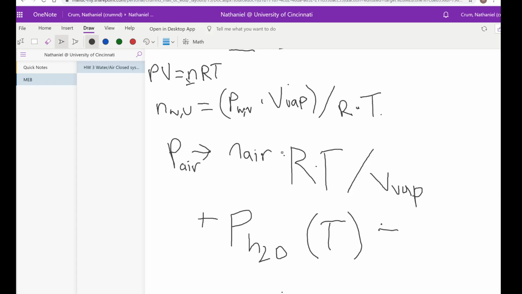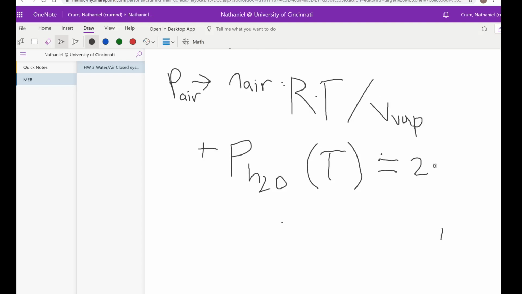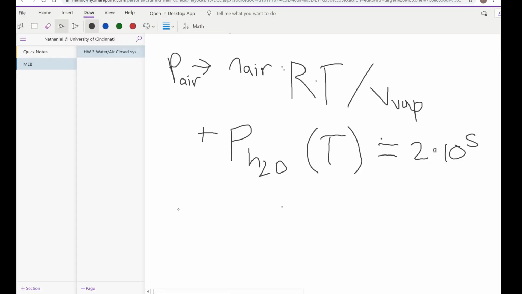And then, like we said earlier, this would be equal to 2 times 10 to the 5th pascals.